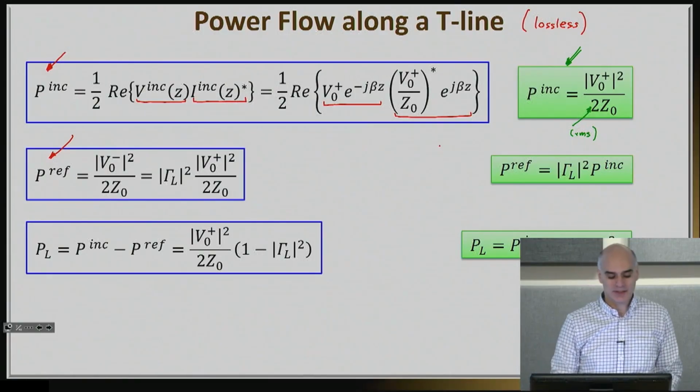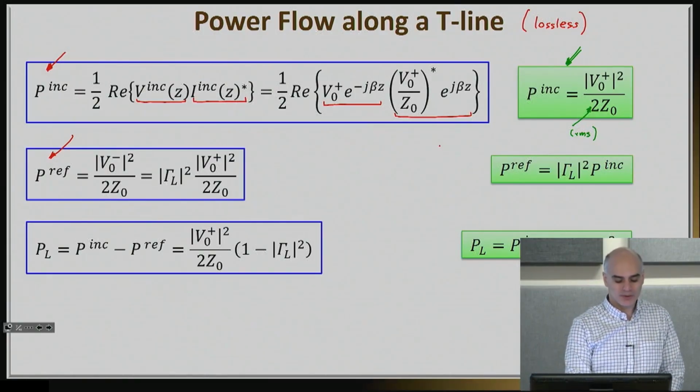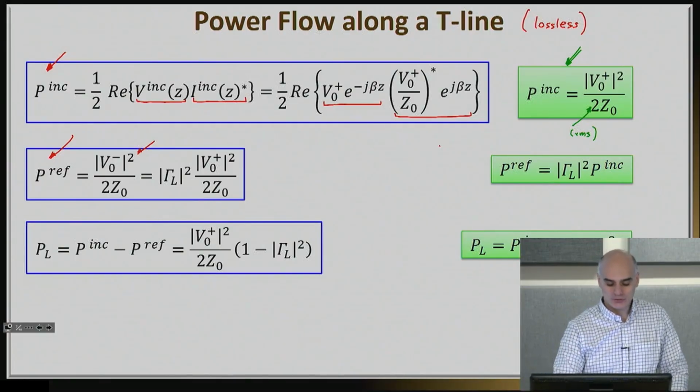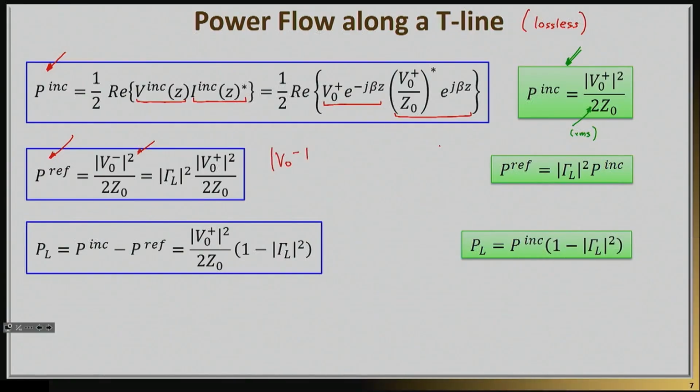So in other words, the reflected power will be equal to the magnitude of V naught minus squared divided by 2 Z naught. Of course, I do know that the magnitude of V naught minus is equal to the magnitude of gamma L times the magnitude of V naught plus. And so by using this expression, I can find out the reflected power as a function of both gamma L and my incident power, which is this guy right here.